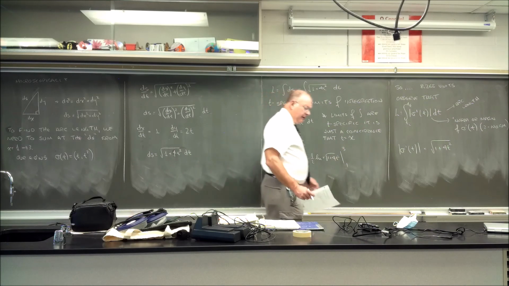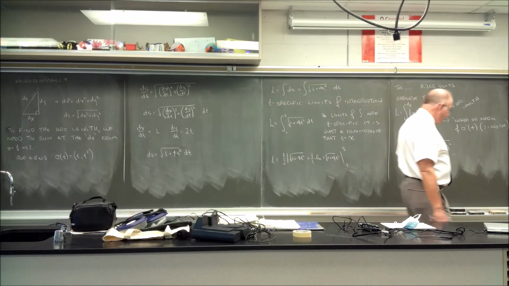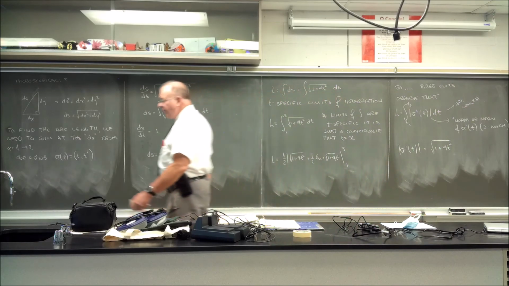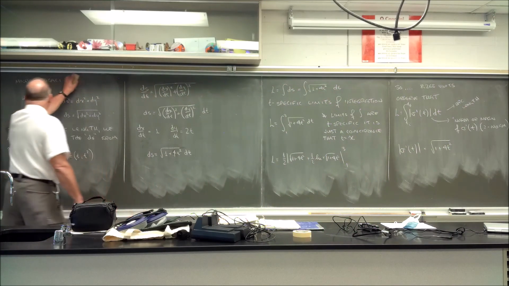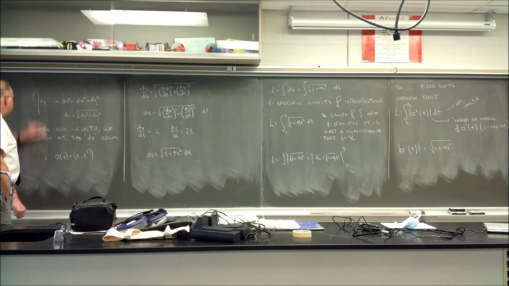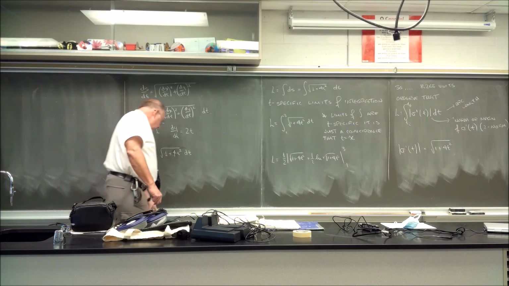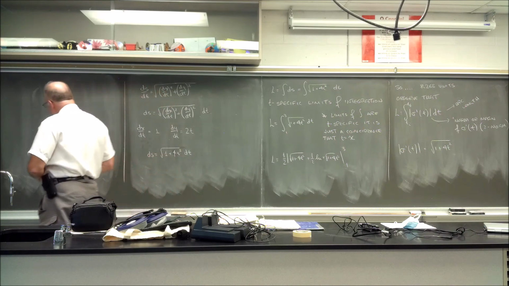Okay, one more idea in this section before we pull the plug here, because we've only done sort of half of it. We can extend our ideas from last year.